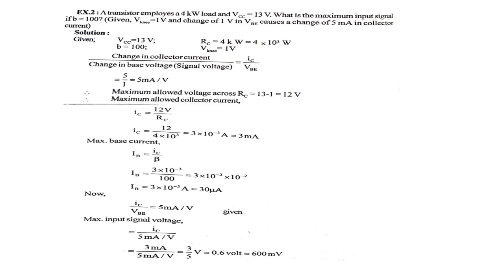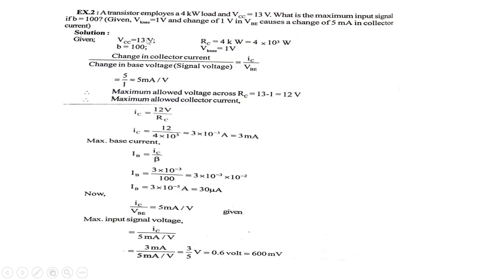Now see example number two. A transistor employs a 4 kilohm load and VCC equal to 13 volt. What is the maximum input signal if beta equal to 100?